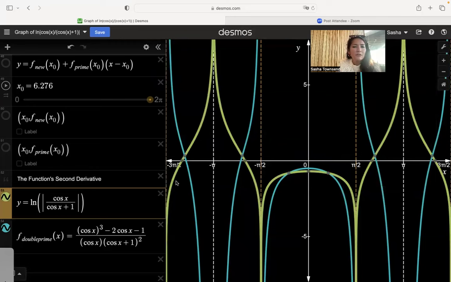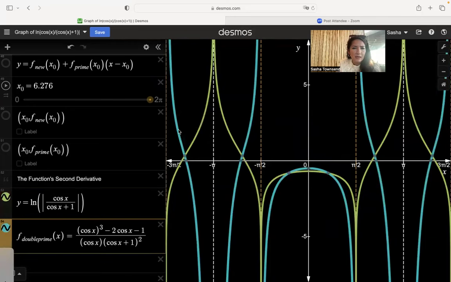Or wait, the green graph is the original function, and this teal one is the second derivative. Okay. So the second derivative is 0 at this negative 4.04 or 0.5 approximately. So is the graph concave upward there, or concave upward on this side and then concave downward on the other side?